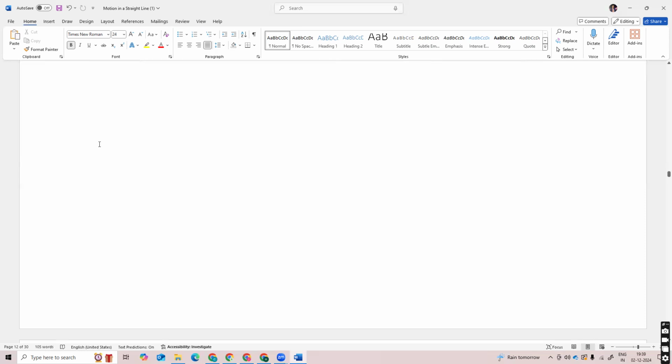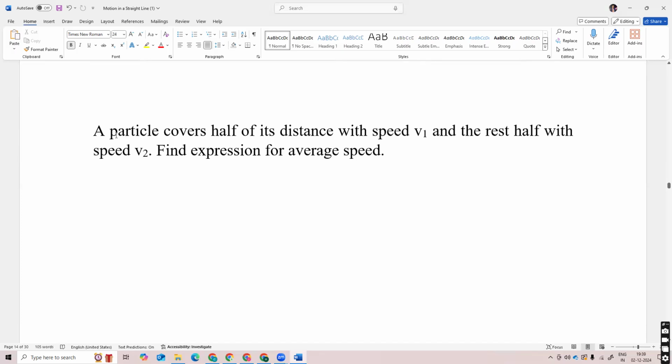So let's see a few more questions on average speed and average velocity. Let's say a particle covers half of its distance with speed v1 and the rest half with speed v2. Then find the expression for average speed.